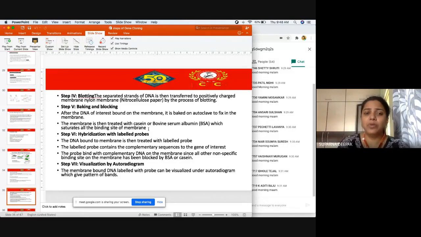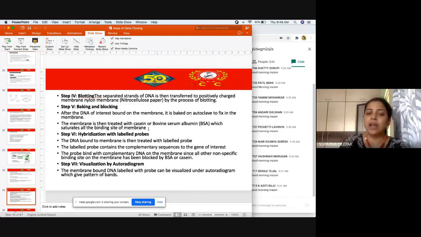The DNA bound to the membrane is then treated with labeled probes. The labeled probes contain sequences complementary to your gene of interest, and the probe binds with the complementary DNA on the membrane, since all other non-specific binding sites have already been blocked by BSA or casein.